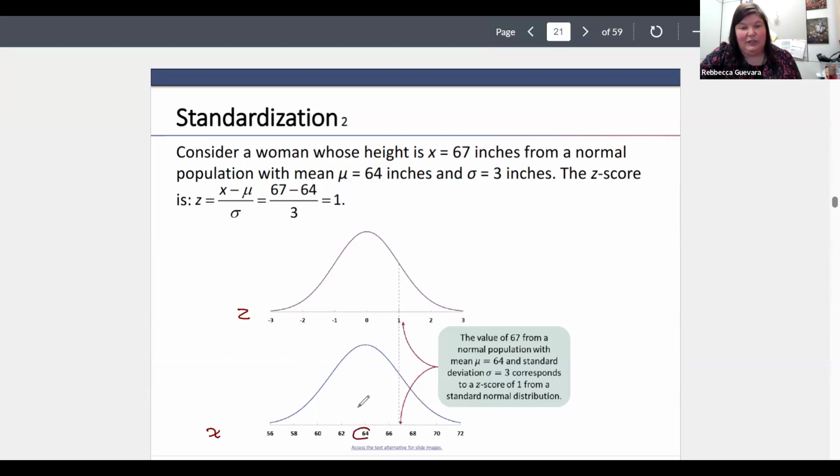That means the 64 here, that's the mean of my distribution, corresponds to a Z score of 0. My 67 is one standard deviation away, so it corresponds to a Z score of 1. So everything here is going to get converted into a Z score and be mapped on this curve as well.